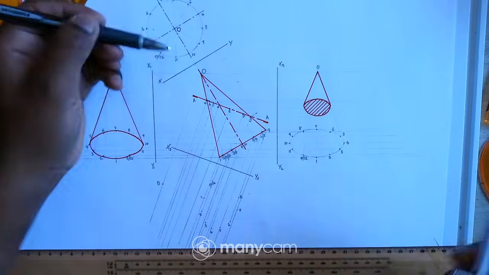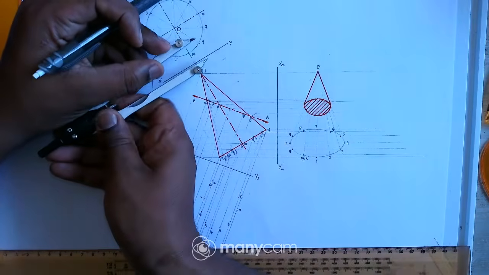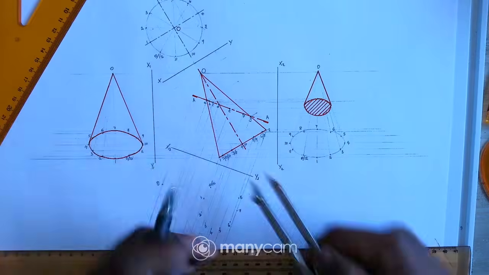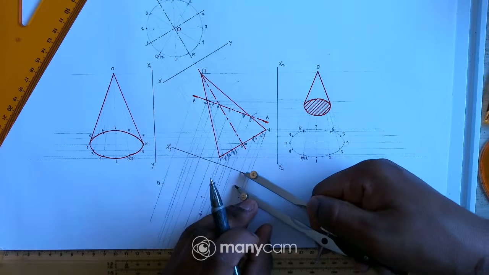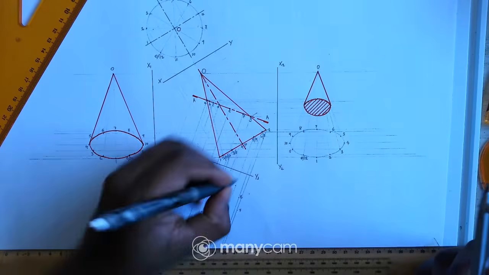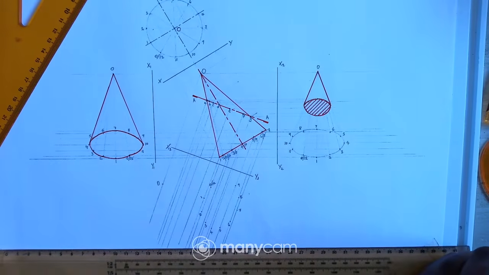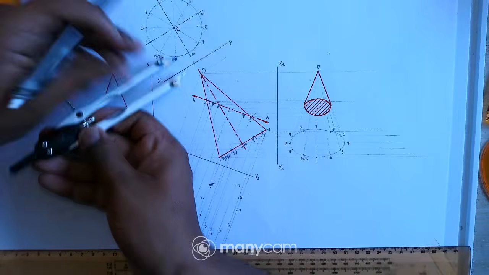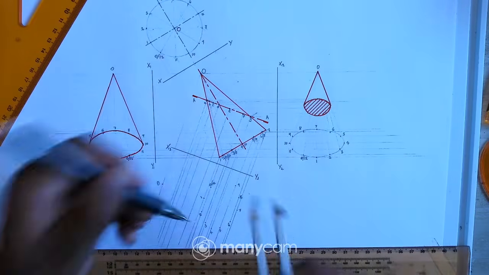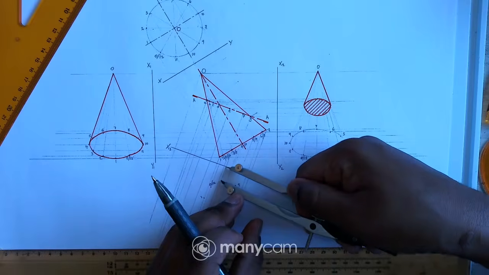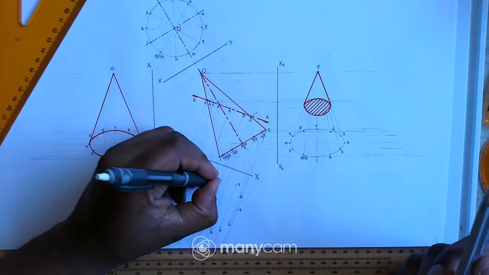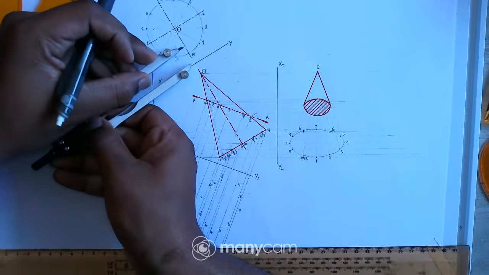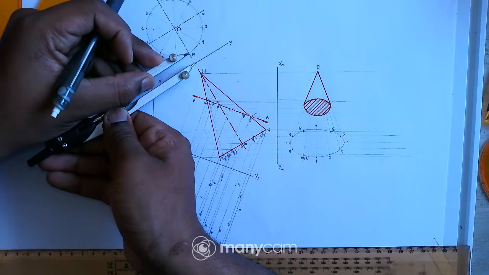Okay, then point 9. So 9 is there. Mark that point. Just like that. So point 9 and 11, they have the same distance, right? So 11 is there. So mark on that line 11 and 10. Last point.